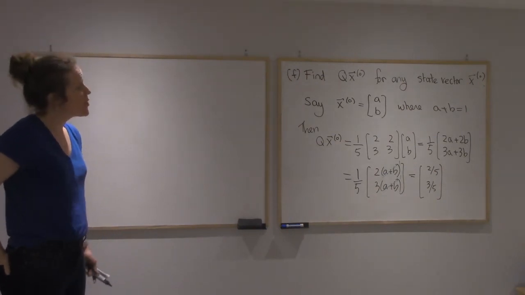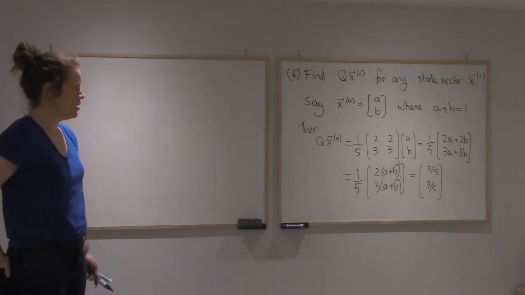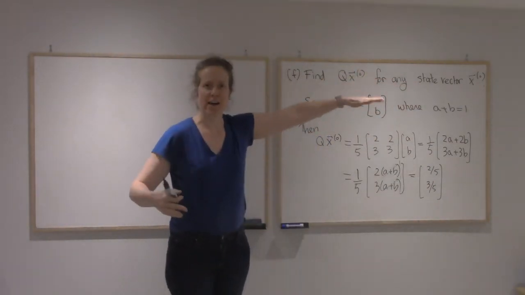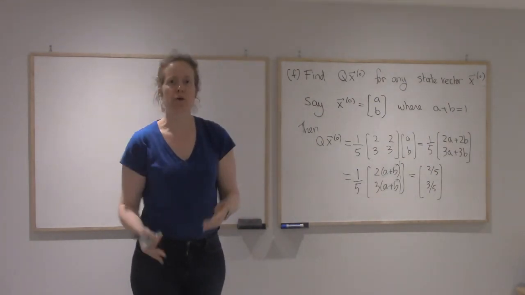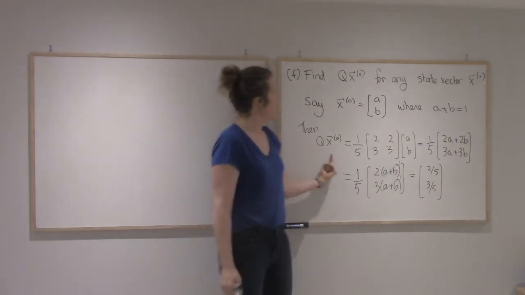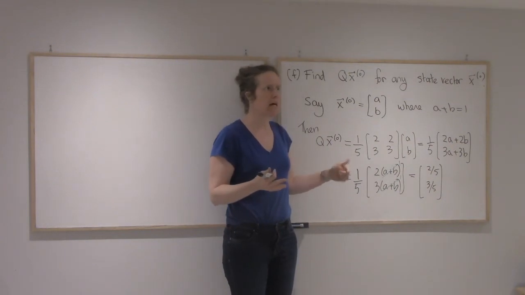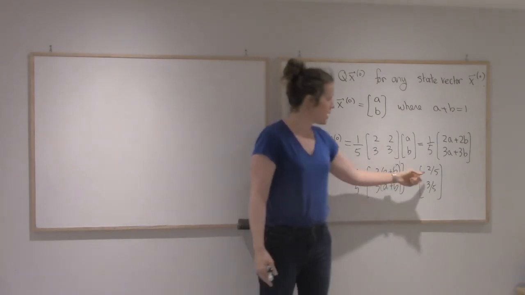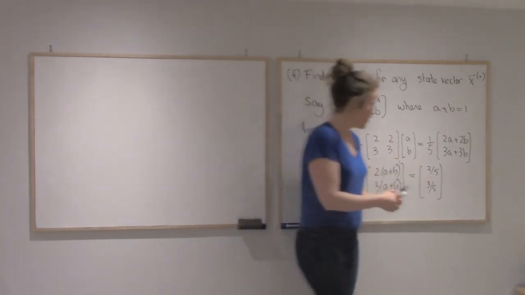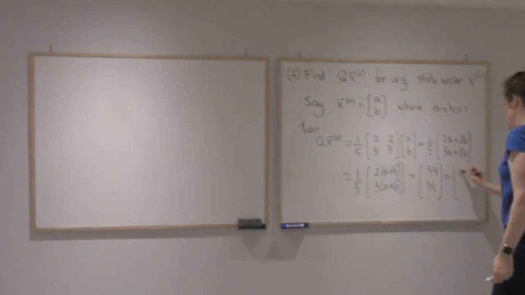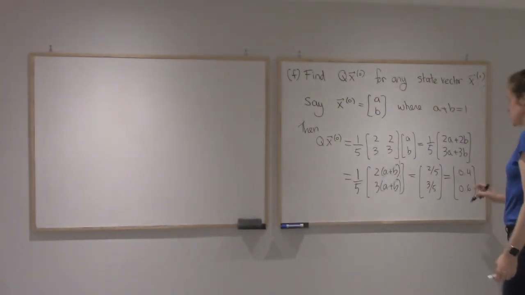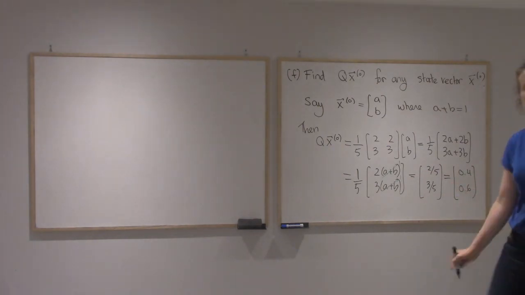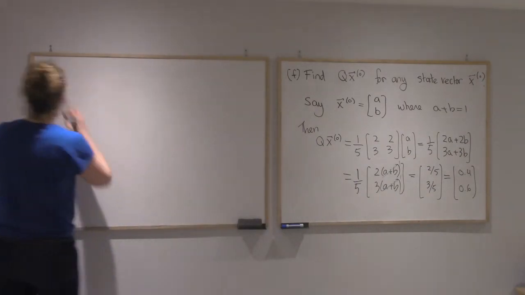Now, what does that mean for our example? The fact that we are starting with any state vector means that whatever the voter is voting today, as n goes to infinity, that means really, really far in the future, this voter will be liberal with 0.4, and conservative with 0.6. So in 40% of the cases, they'll be liberal down the line. In 60% of the cases, they'll be conservative.